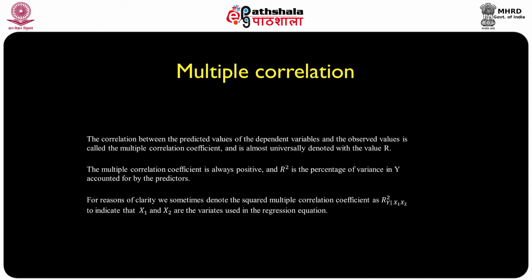For reasons of clarity, however, we sometimes denote the squared multiple correlation coefficient as R squared y given x1, x2, and this indicates that x1 and x2 are the variates used in the regression equation.